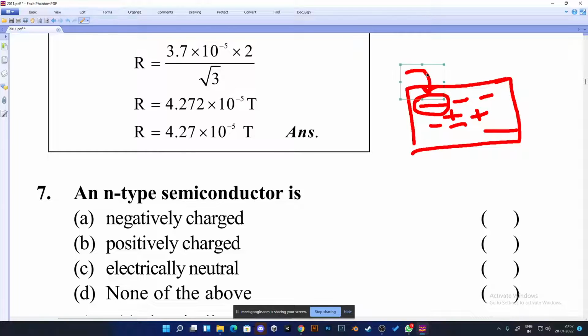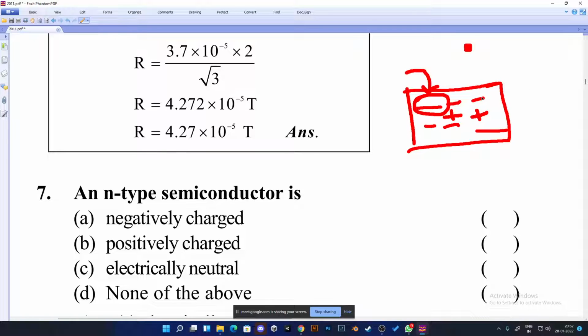Now think, do you think these electrons are really leaving the semiconductor, or are they still inside the semiconductor? Still inside. They are free, but they move inside the semiconductor.